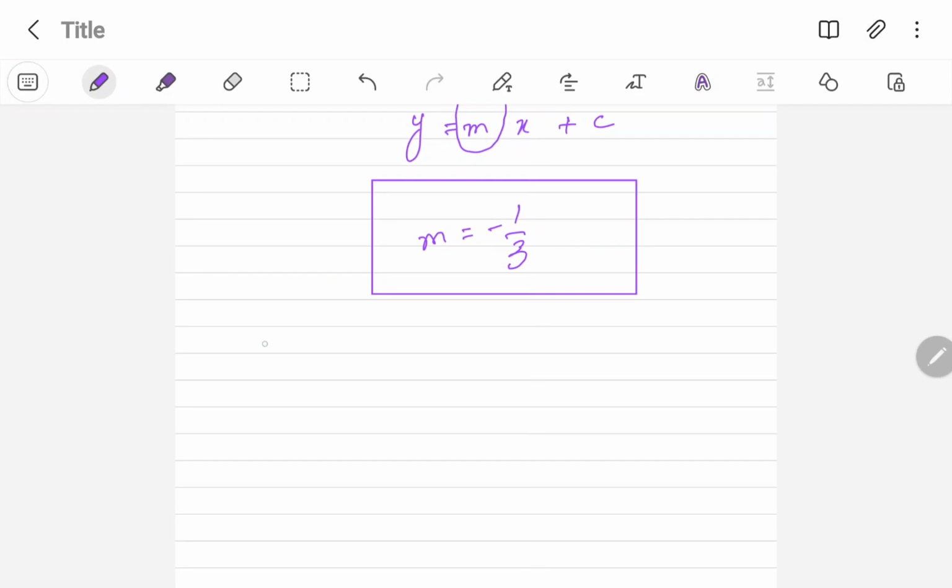We rewrite the equation. It is b part. The equation is 3y is equal to 2 minus x.